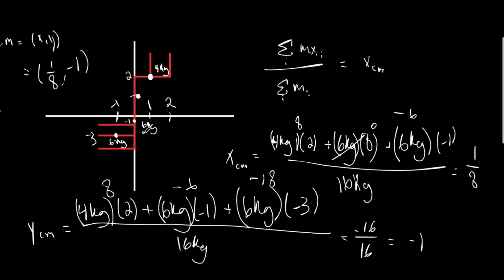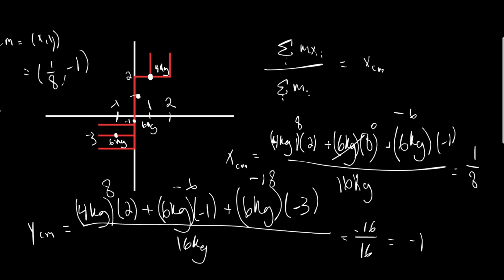Now, the thing when you're calculating the center of mass, it's a bit trivial in the sense that sometimes your center of mass will not reside within the object itself, and it seems confusing and weird, but that's physics for you.